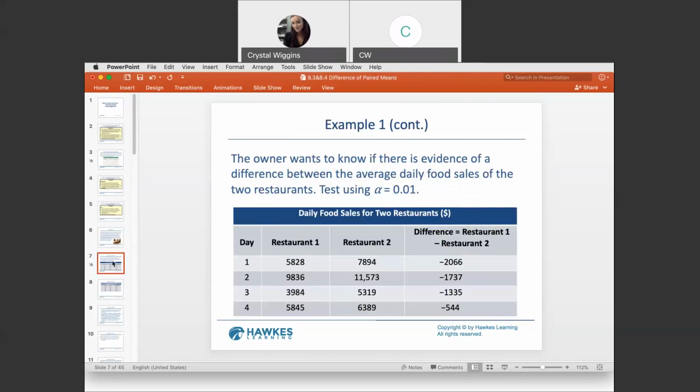The owner wants to know if there's evidence of a difference between the average daily food sales for the two restaurants. Okay, so we have restaurant one, and this chart is continued onto 2 slides because it didn't fit, and restaurant two, and we've also calculated the differences. Now, it doesn't matter whether you subtract restaurant 1 minus 2 or 2 minus 1, as long as you're consistent in your calculations throughout the entire data set.